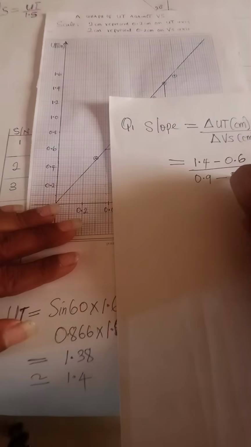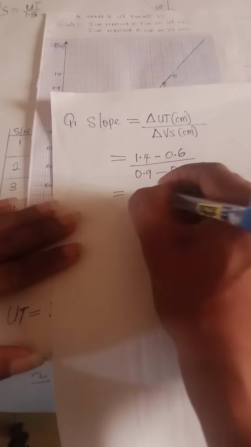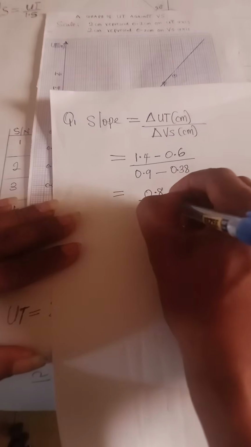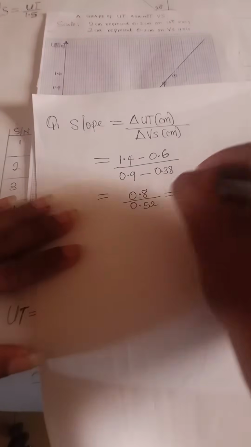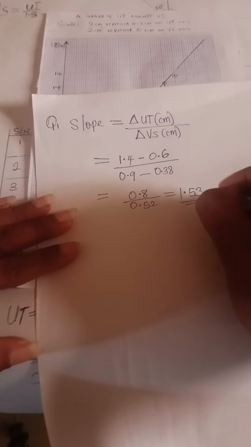So that is 0.38. And then when you do this, this will give me 0.8 divided by 0.52, which is now equal to 1.53. So that is the slope.